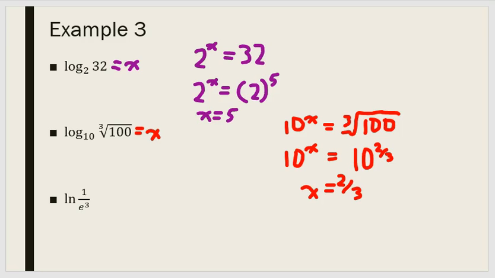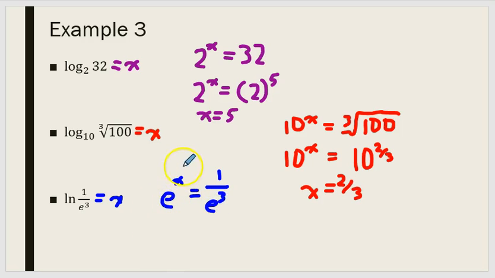For the last example, I am using another one of those special logs to recognize. If you see an ln, then you need to know that this one is base e. So even though I don't see a base, since I know it's a natural log question, I have to recognize that this one in exponential form is e to the x power equals 1 over e cubed. So e is just a number like 2.718.